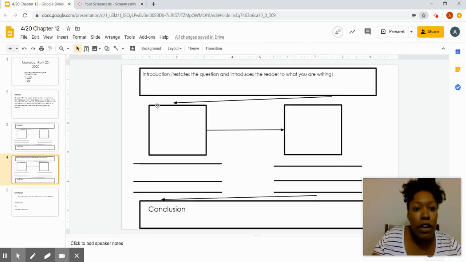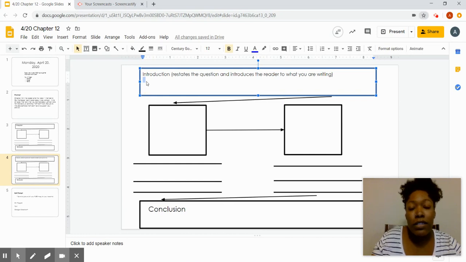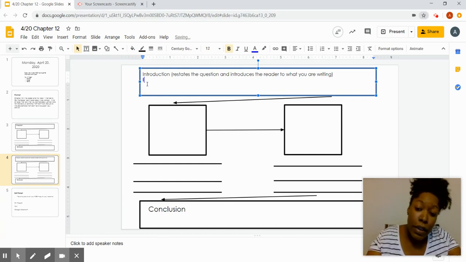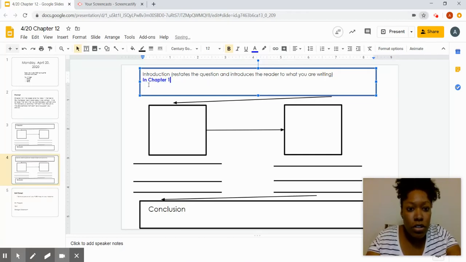But the question says, tell what you learned about Jemison. So going back to our introduction box, in this box, I'm going to start with the sources. So we have chapter 12 and we have the video. So I'm going to say, in chapter 12 and the video, I Wanted to Go into Space.